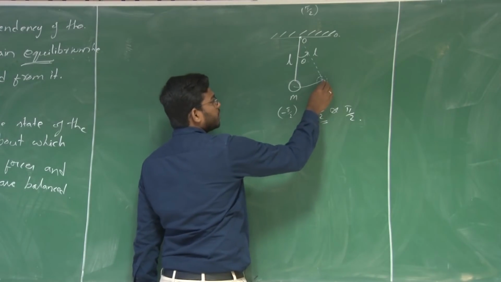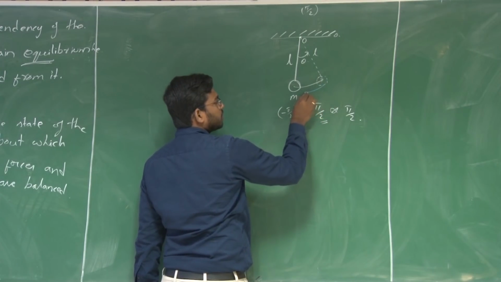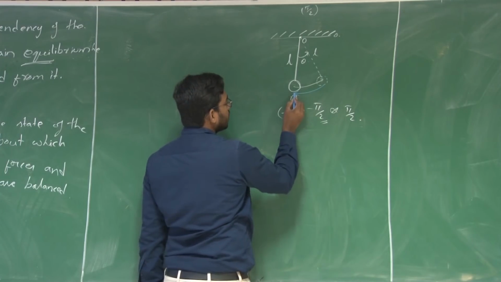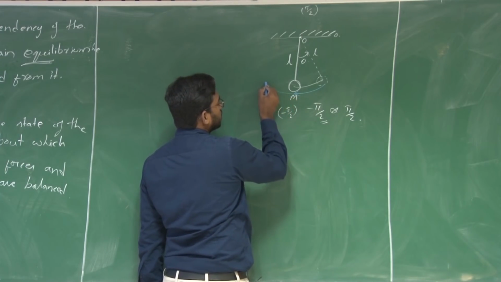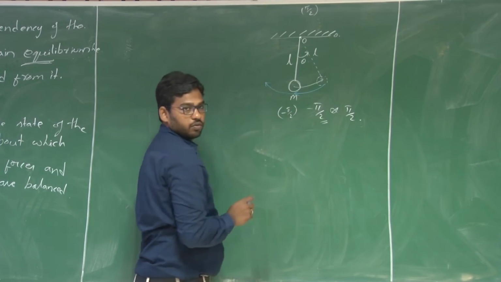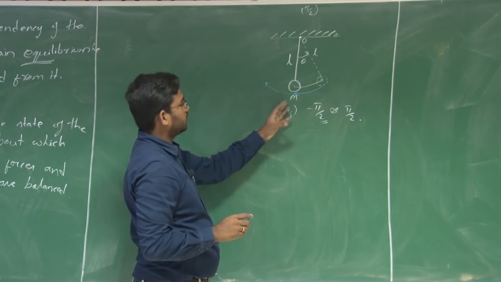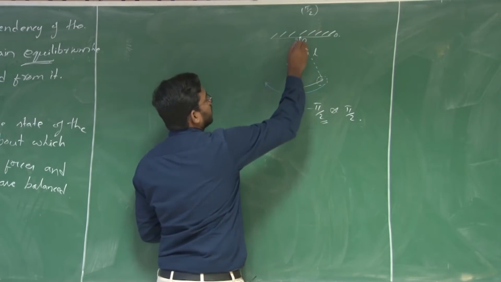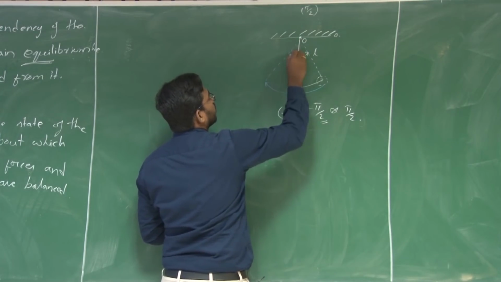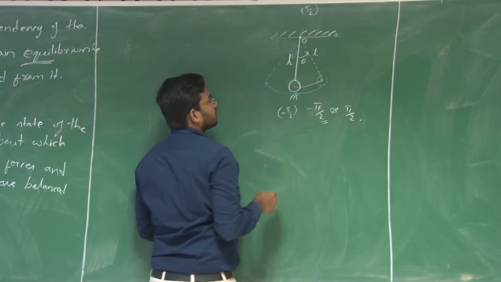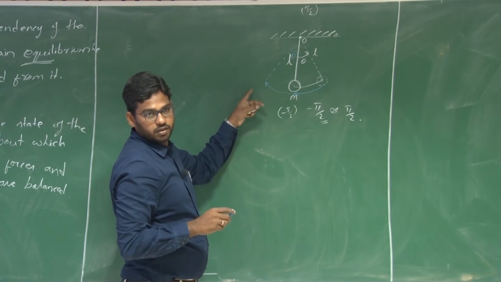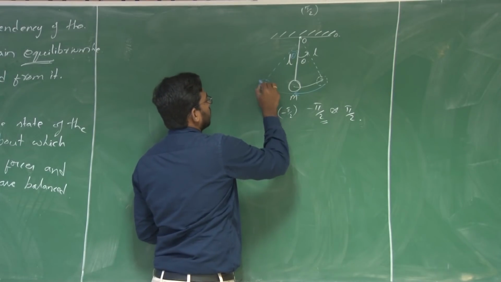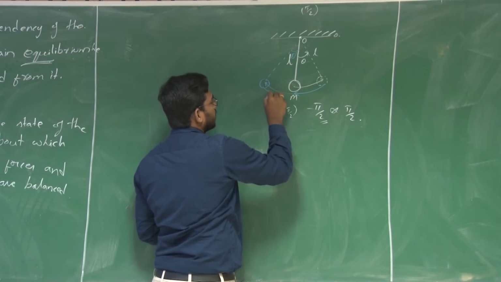So as soon as you leave it, what happens? This bob, this mass, will try to come towards the equilibrium, and because of its inertia it will start accelerating. Till here it will accelerate, after that it will decelerate and attain an orientation theta prime where the terminal velocity is 0, right, and then it will start coming back.